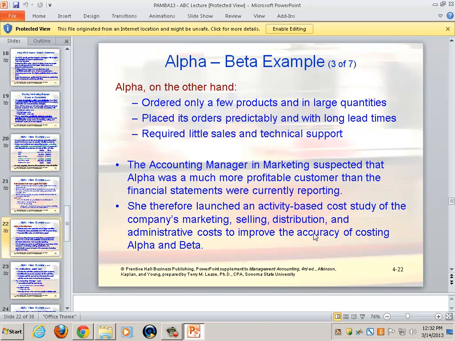The managers of the company decided that if they want to have good profitability analysis, they do a different allocation than a traditional 35% of dollar sales.